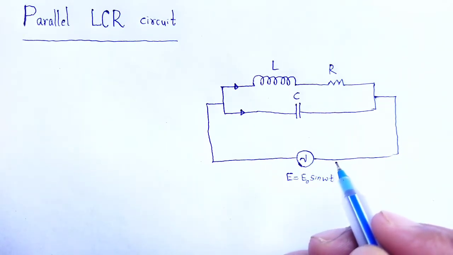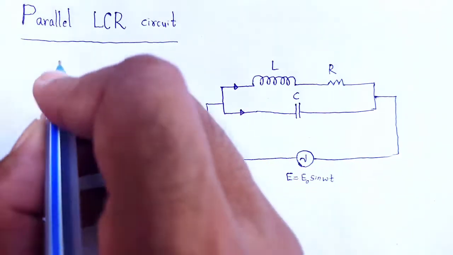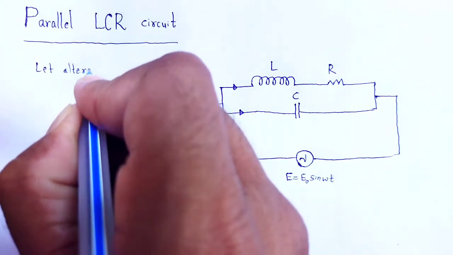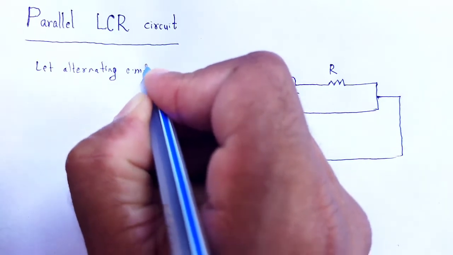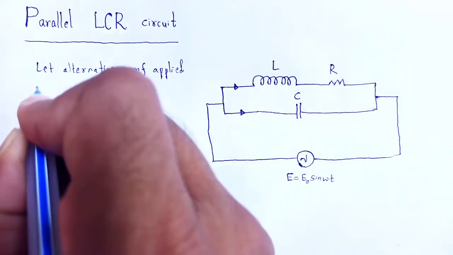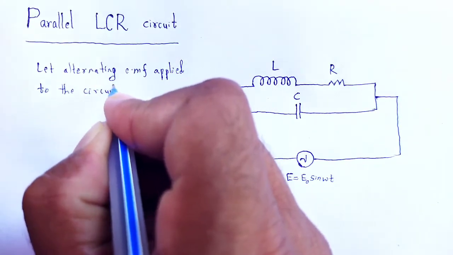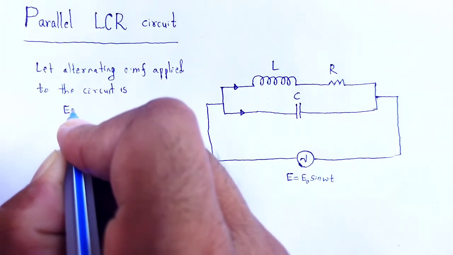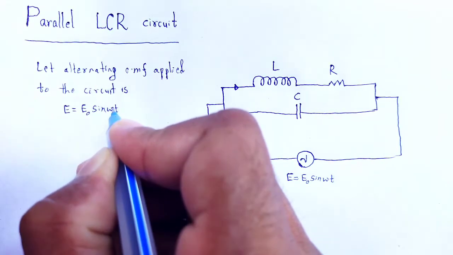Let the alternating EMF applied to the circuit be E equal to E naught sin omega t.